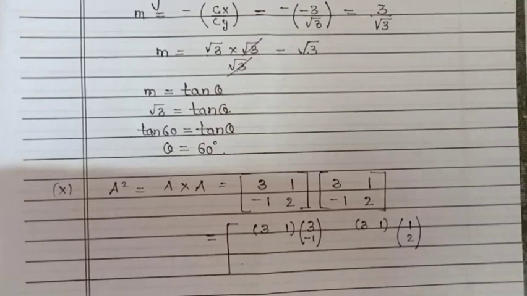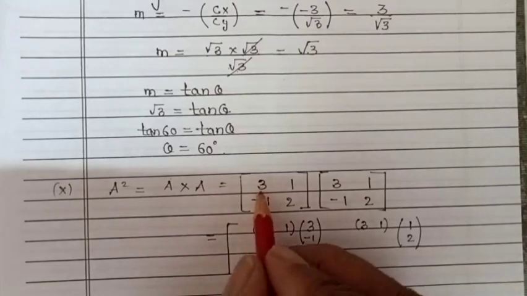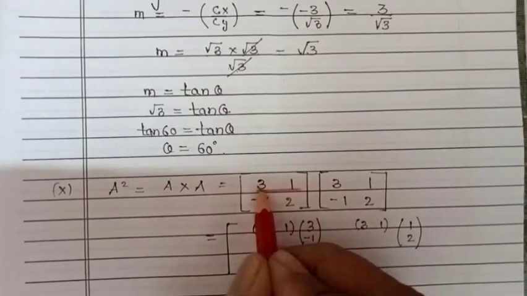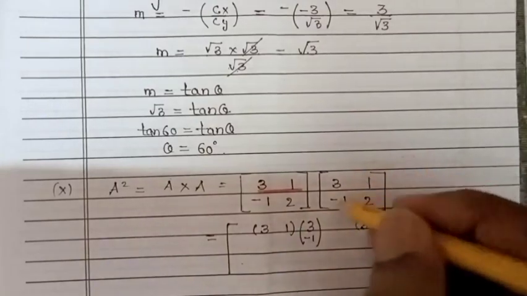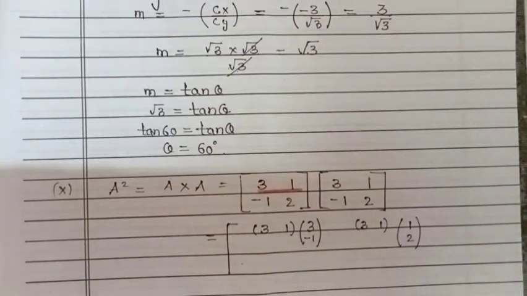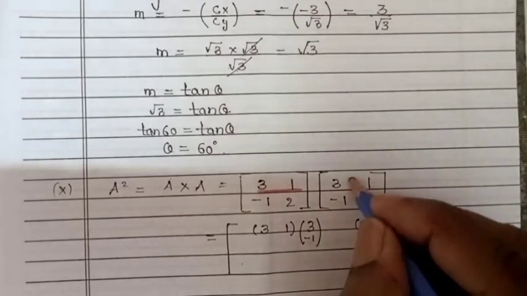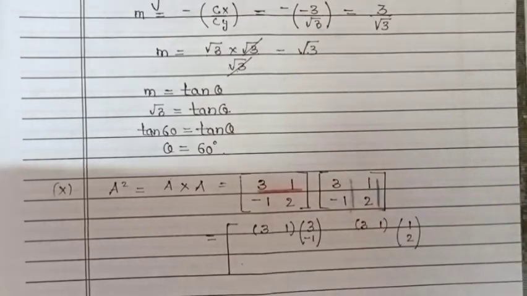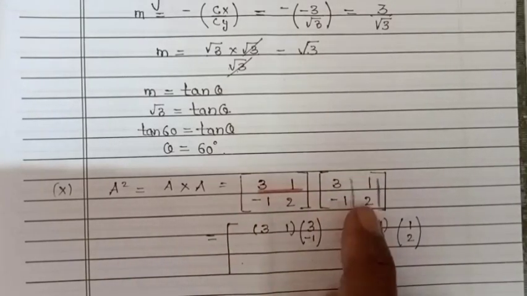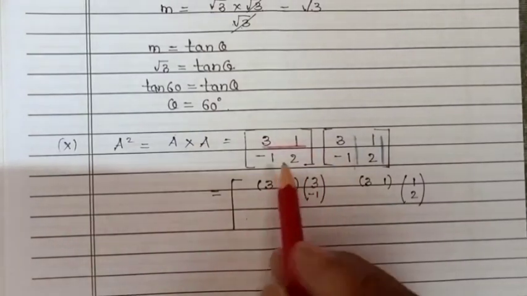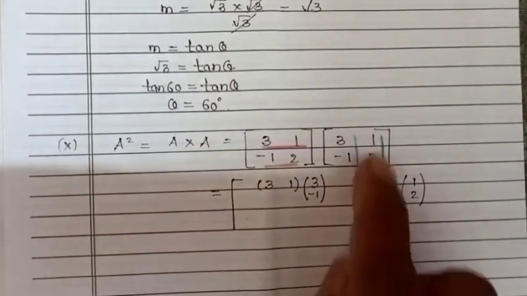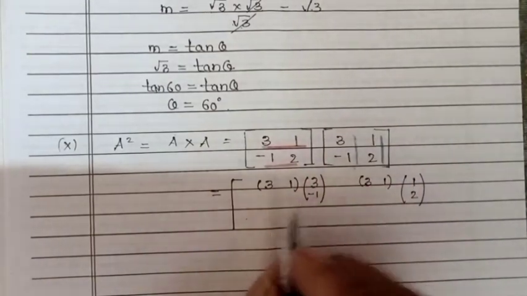Now what you will have to do, see, you will select one row from here, and this row will be multiplied by these two columns, first column and then the second column. So the first row will be multiplied by these two columns, see this way, and then the second row, this one is the second row. Now this second row will be multiplied by these two columns.